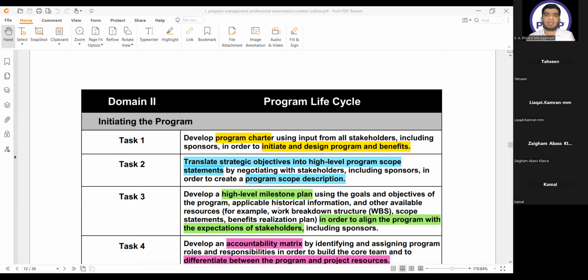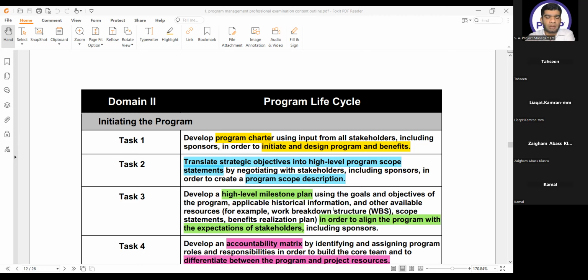So in that question, you don't need to worry about what techniques or tools he is using to get the information. The main important word that we have to understand is goals and objectives of the program and why he is doing this, in order to align the program with the expectations of the stakeholders. That is the only word. Whatever techniques he used doesn't matter to us.